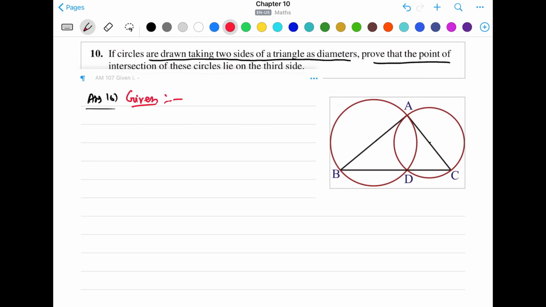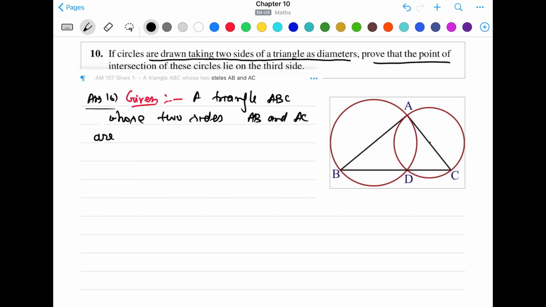Given is a triangle ABC whose two sides, let's take those sides as AB and AC, are taken as diameters to draw two circles.